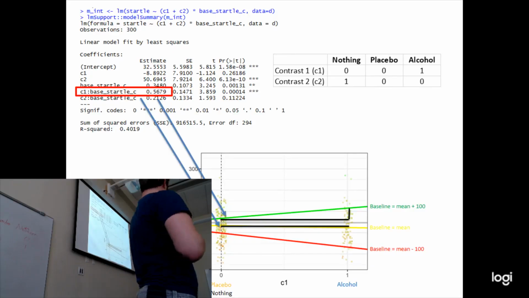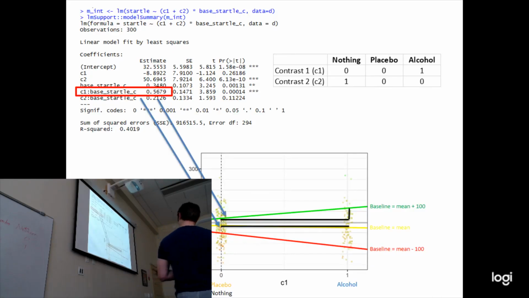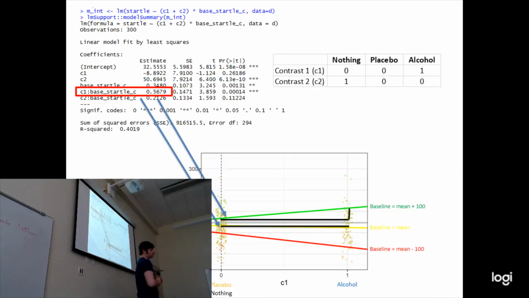Is it going proportionately the opposite direction once you go below the baseline scale? Yeah. Okay. So what we have here is in our data, the difference between placebo and alcohol is negative if you're really low in anxiety. I don't know if that makes sense in the context of this hypothetical scientific problem, but that's what our data shows.